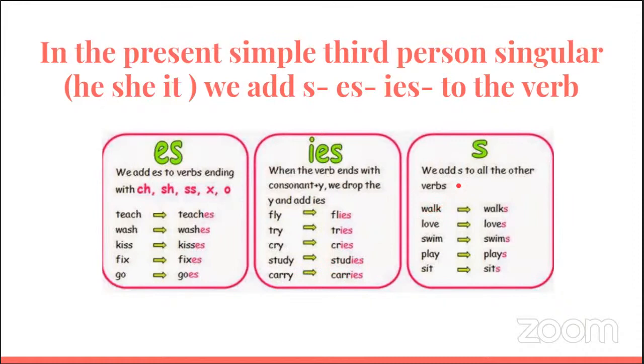And to all of the rest of the verbs that don't follow either the second rule or the first one, then we just add S. So walk, walks, love, loves, swim, swims, play, plays, and sit, sits. And this is the rule that you have to apply to all of the verbs whenever you are making statements in the simple present tense. Affirmative, specifically.